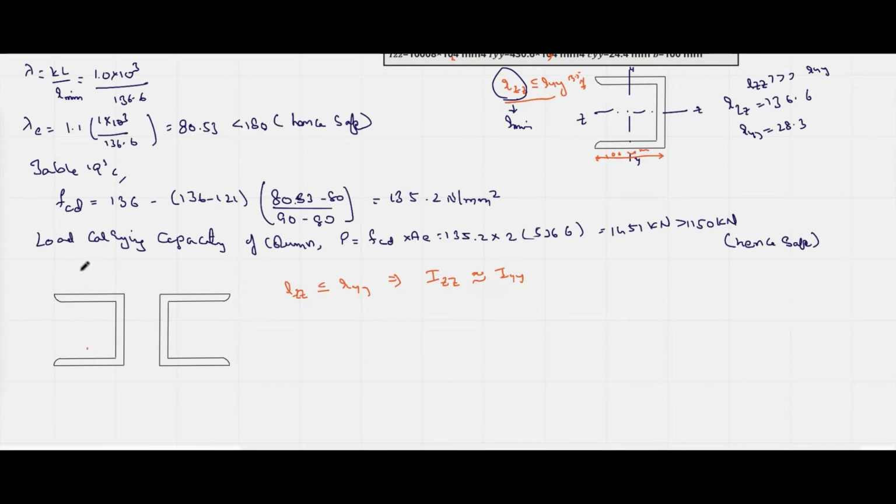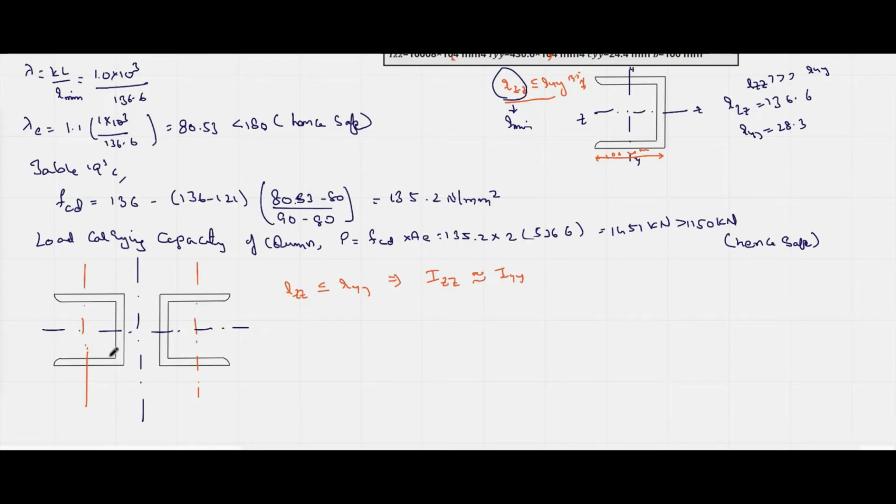two sections. Now, let us say this is my angle around YY, and this is my angle around YY for a single channel. Now I am going to design these two composite sections as a single member. When I join these two sections, my x-axis will not change, whereas the y-axis will shift to the center of the section.